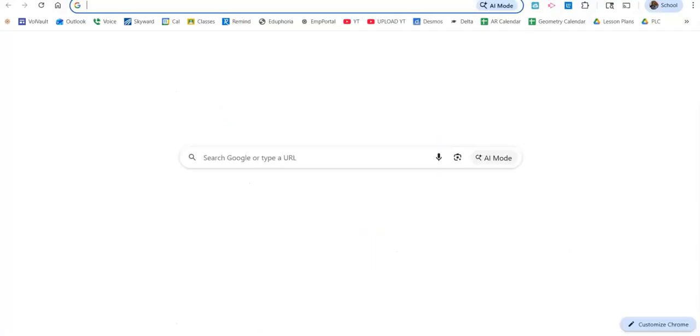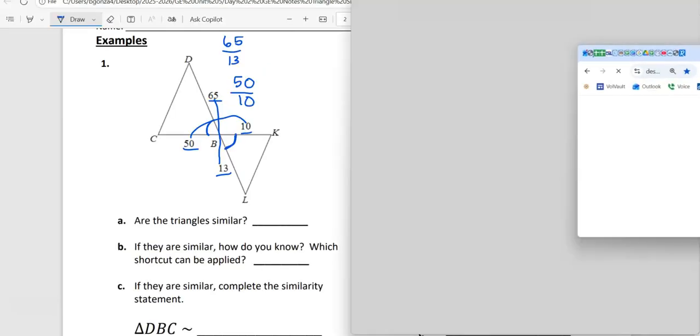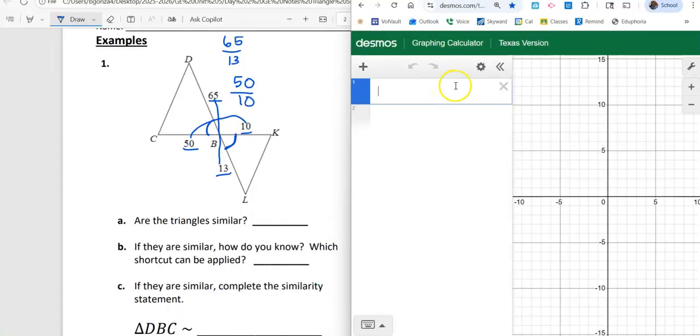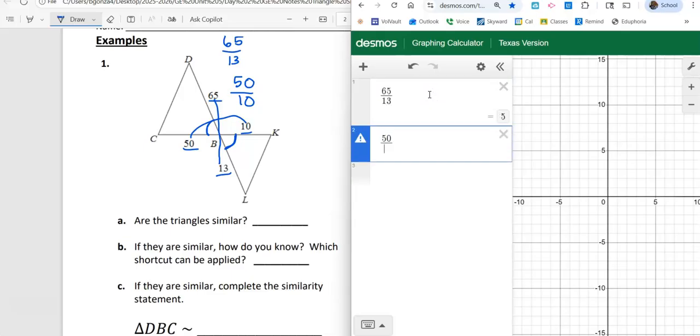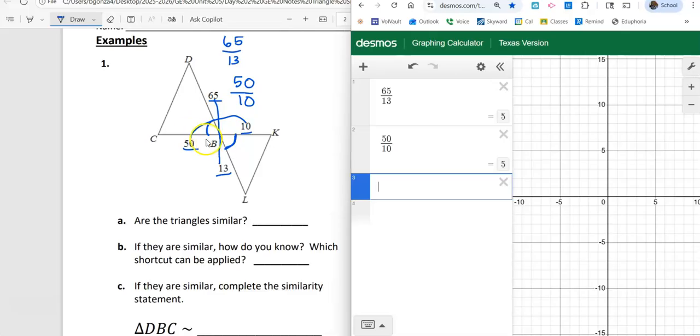Desmos is your friend, you can find out what those fractions equal. So 65 over 13, 50 over 10. They both equal what? 5 and 5.